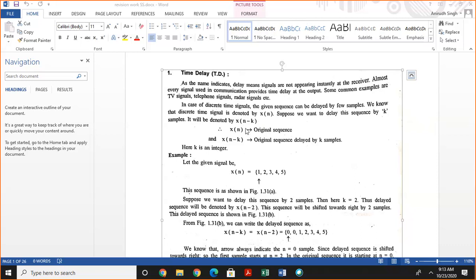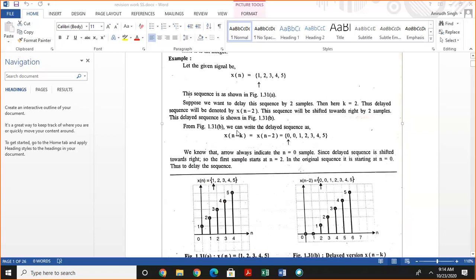So time delay: if x of n is the original sequence, then x of n minus k is the signal delayed by k samples. In this example we take a discrete signal. If we take a continuous signal, this n is replaced by t.